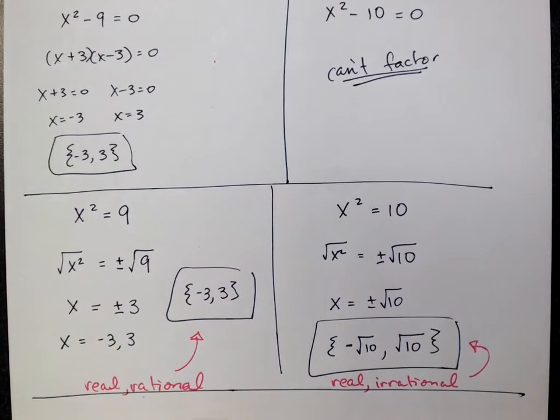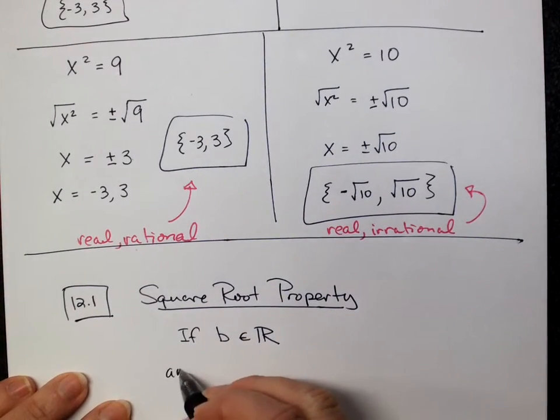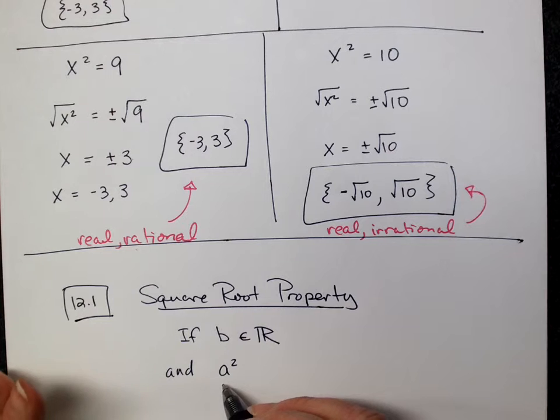Now, in the book, in 12.1, you'll see the formal definition of the square root property. And it goes like this. If you have a number, we'll call it b, and b is a real number, and you also have something squared, and we're using a to mean some terms, so that would include an x.